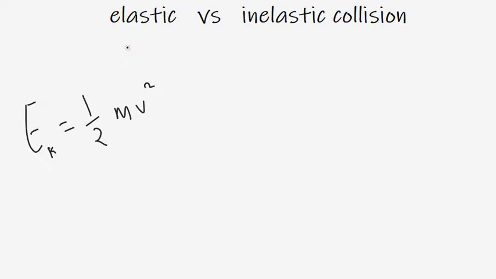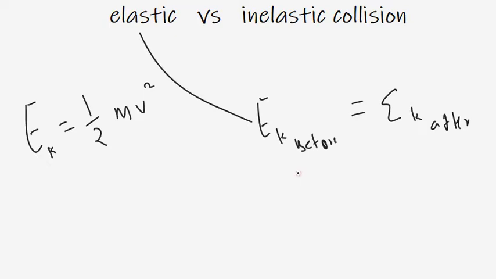For an elastic collision, the kinetic energy before the collision is going to be equal to the energy after the collision. But for an inelastic collision, it's a different case.